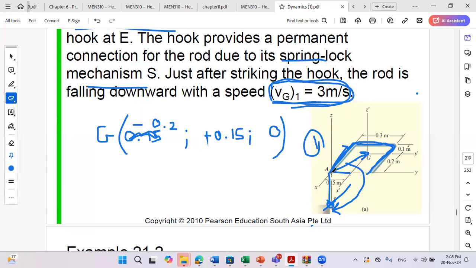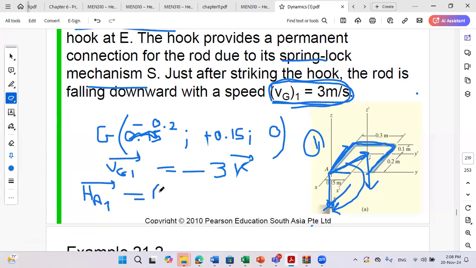So all we have to do is the vector product AG cross mVG1. The velocity VG1 is downward, so VG1 is equal to minus 3 K. Now I can evaluate the angular momentum at point A for state 1 as AG cross mVG1.